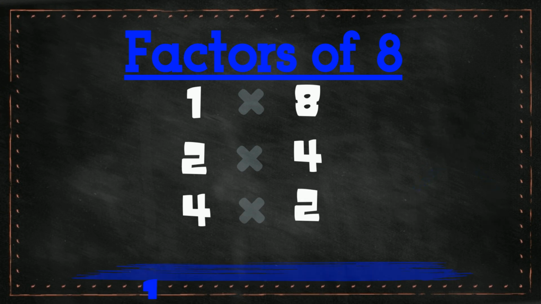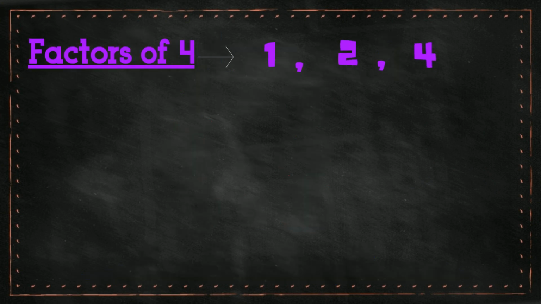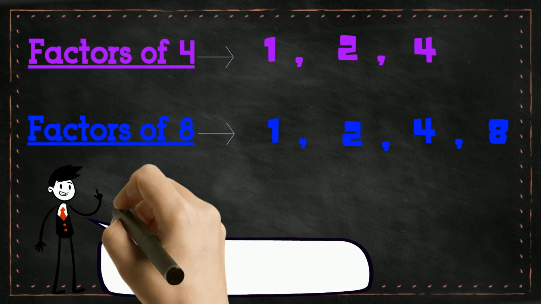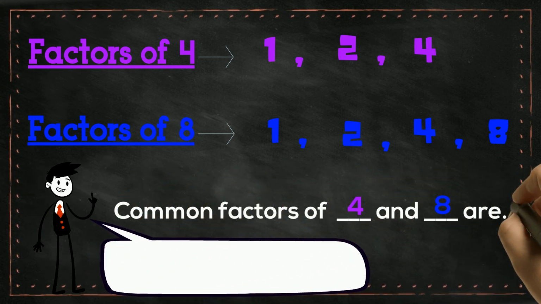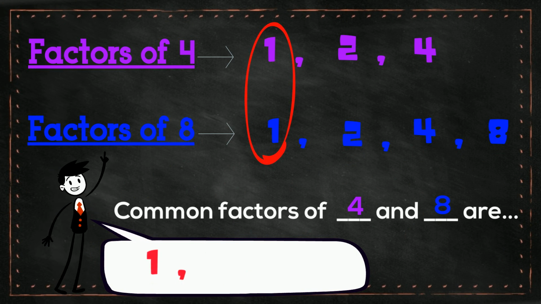Factors of 8 are 1, 2, 4, and 8. We have found the factors of 4 and the factors of 8. So the common factors of 4 and 8 are 1, 2, and 4.